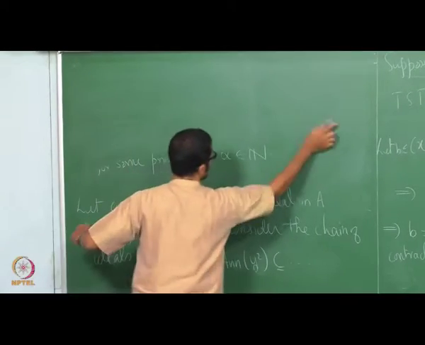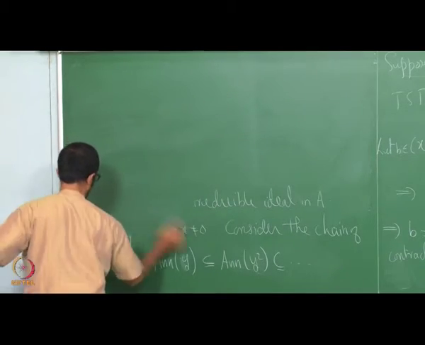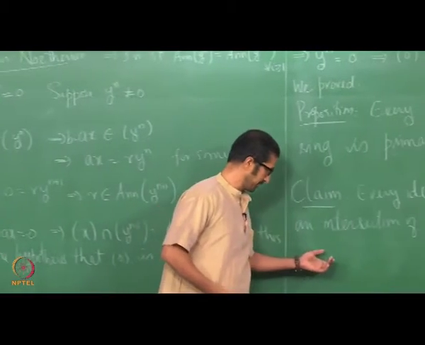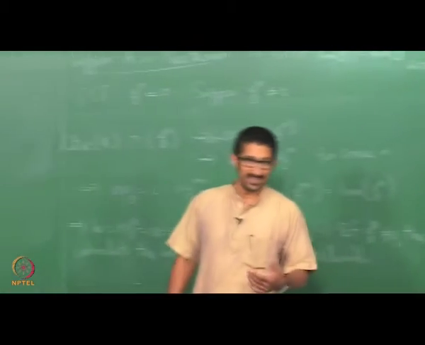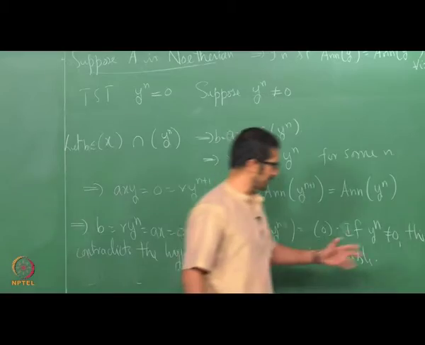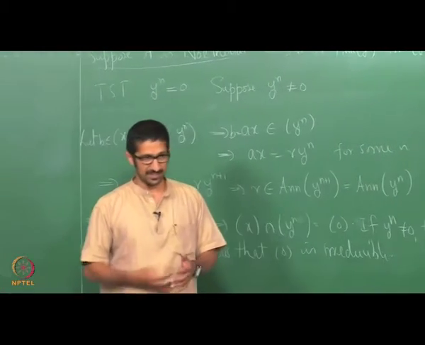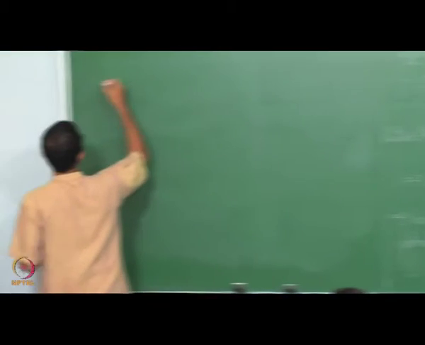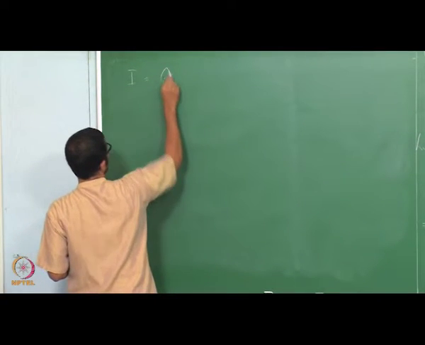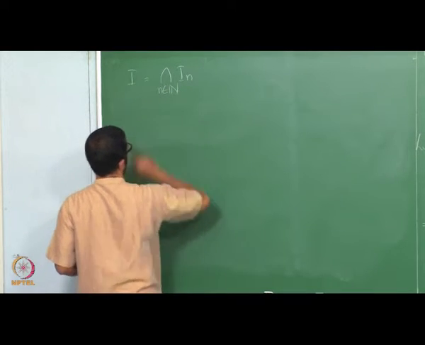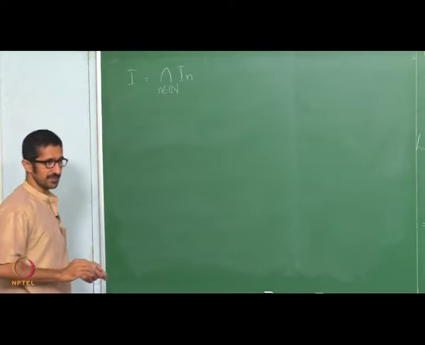So suppose not, what happens? How do you write down a proof? Suppose this is not true, that means there exists an ideal with an infinite intersection. Okay, so let us write I is equal to the intersection of I_n, n in N, let us assume it is countably infinite.